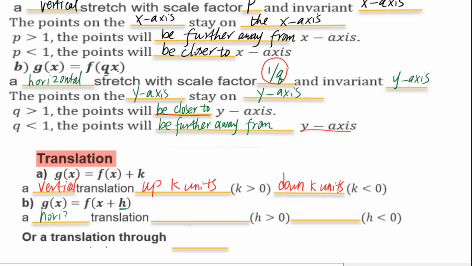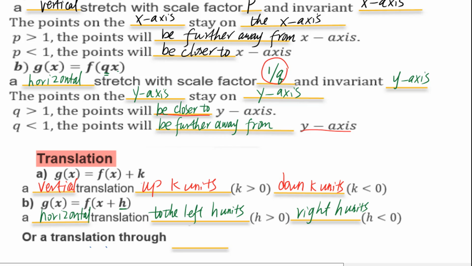It's a horizontal translation to the left, h units, when h is greater than 0. To the right, h units, when h is less than 0.